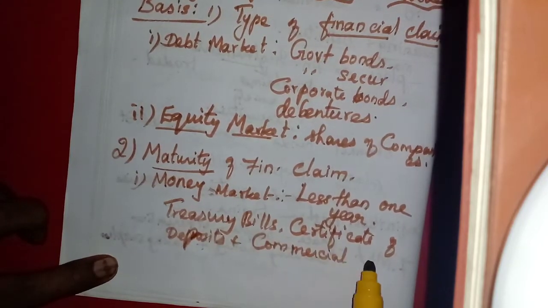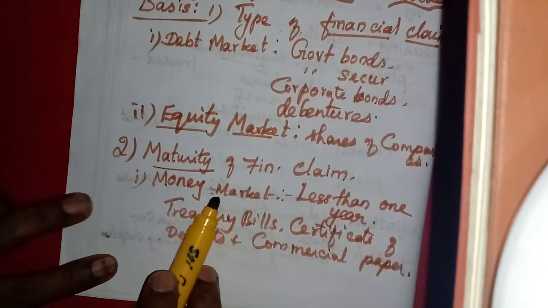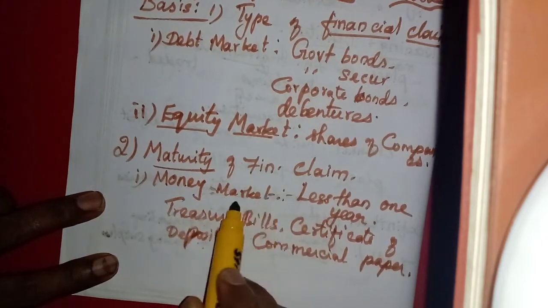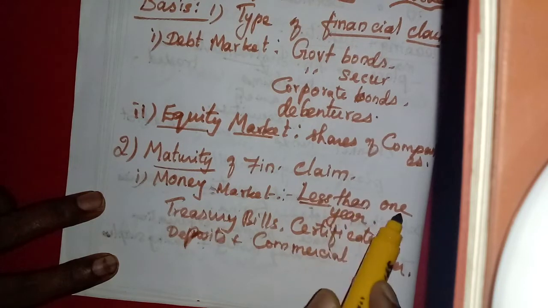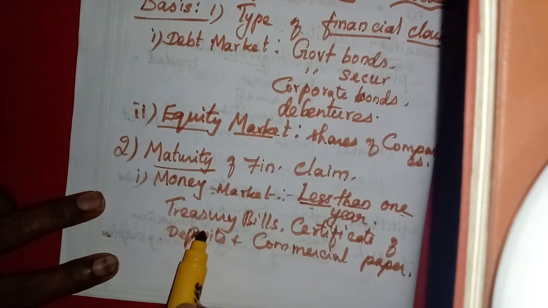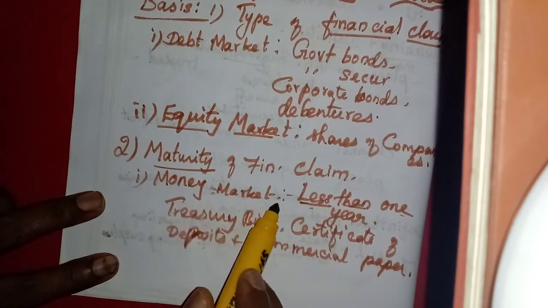Many are there, and we will learn in detail. The money market is one lesson. We can say they are short-term financial instruments, because their maturity period is not more than 1 year. These instruments are called money market instruments.